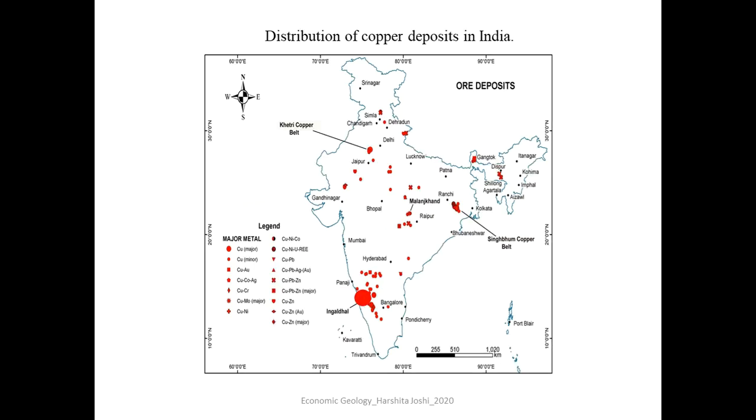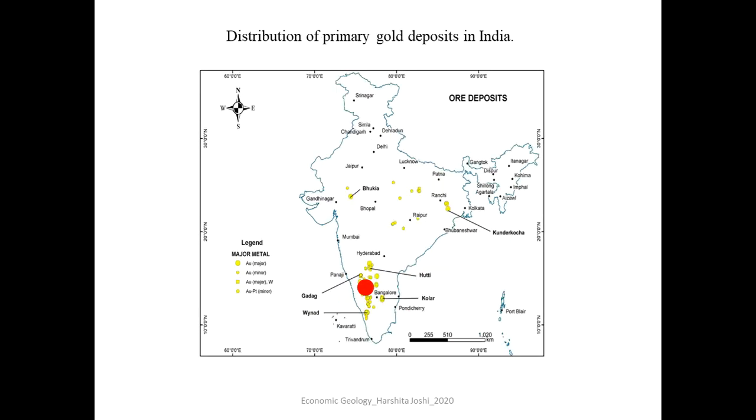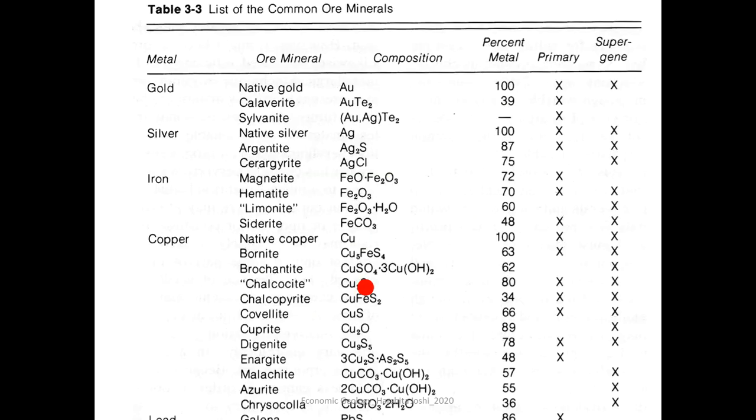In the earlier class, we have already discussed the occurrence of various minerals with respect to tectonic regimes. Okay, so if we see the list of common ore minerals for gold, we may get native gold in the form of placers. We have discussed placers in the earlier classes.